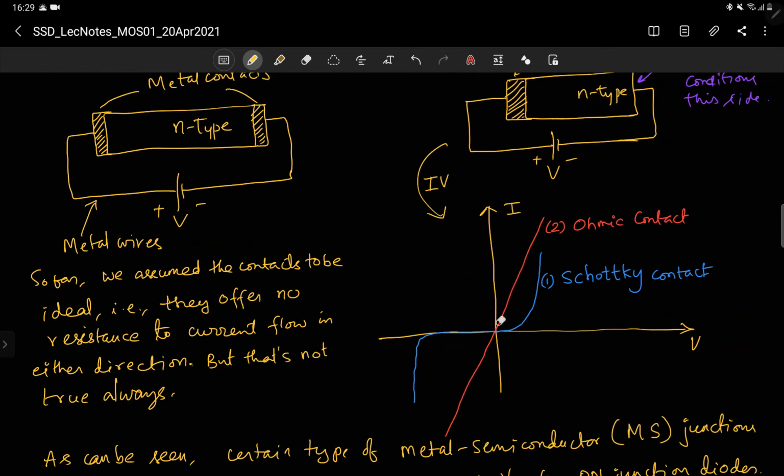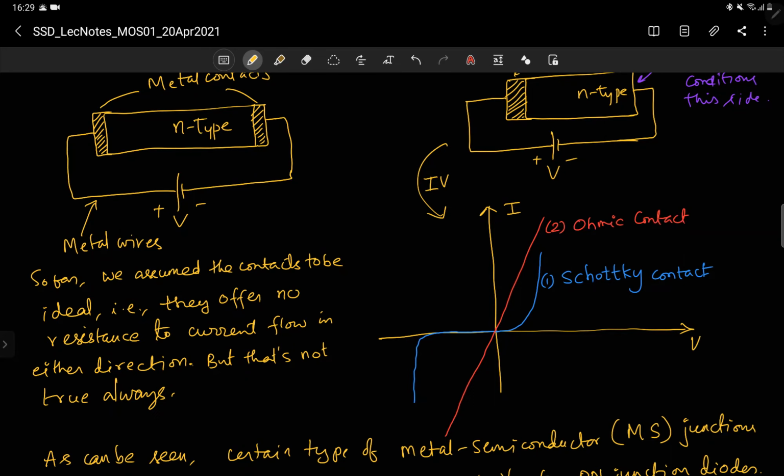If you apply V across the N-type semiconductor and see the curve between I and V, then it is linear, which means that if the resistance is entirely given by the N-type semiconductor, then this contact is an ideal contact, called an ohmic contact. That is also not a complete understanding of how ohmic contacts are really made, but for now take it as the definition of ohmic contact. So there is no resistance offered by the contact.